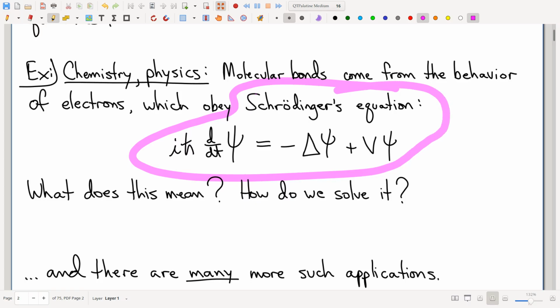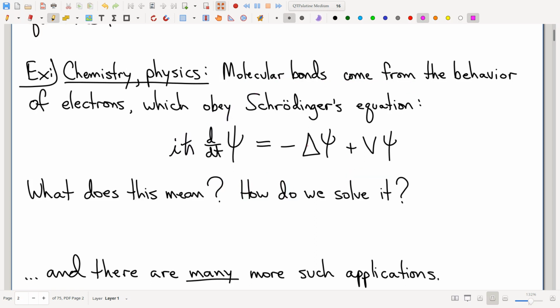So again, what does this mean? What are these various symbols? How do you solve this? We're not going to talk about how to solve Schrodinger's equation. This is a partial differential equation. It's not what this course is. But we will talk about the objects in this equation. And in particular, this right here is a big deal. We're going to study this quite a bit.